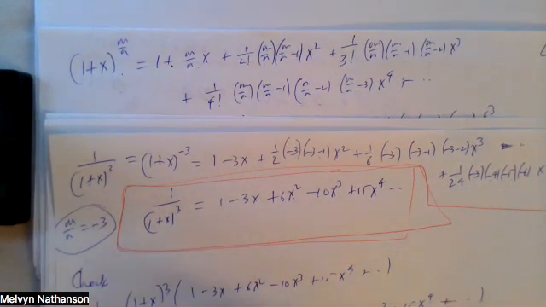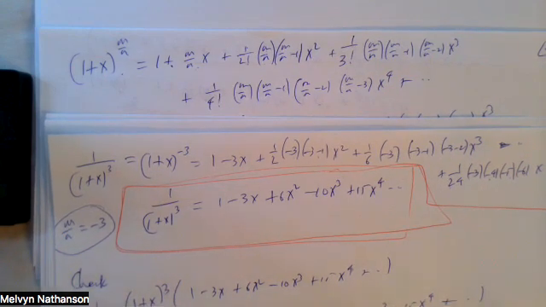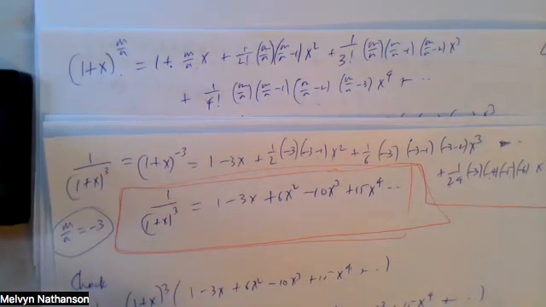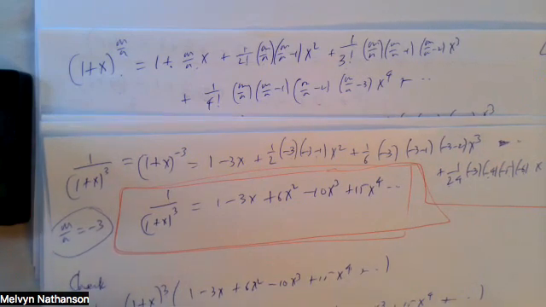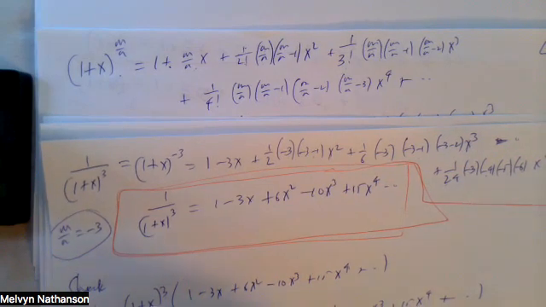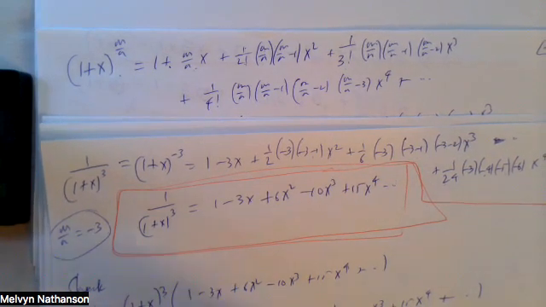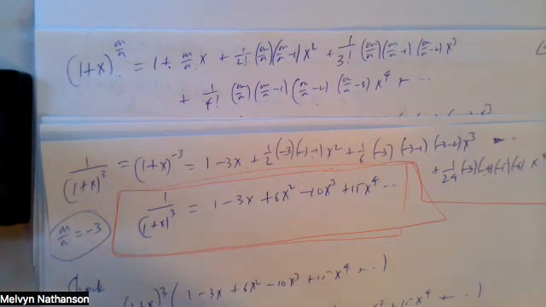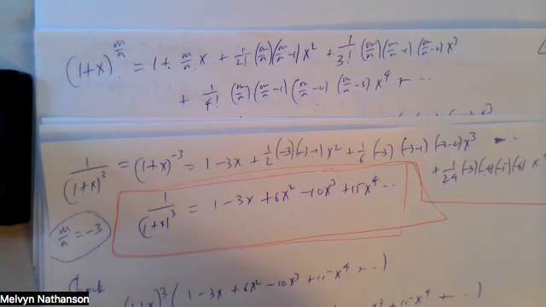If I multiply this out, the constant term is 1 times 1. The coefficient of x, I get 3x minus 3x. For the x squared terms, I have 3x squared, minus 3x times 3x is minus 9x squared, plus 6x squared.